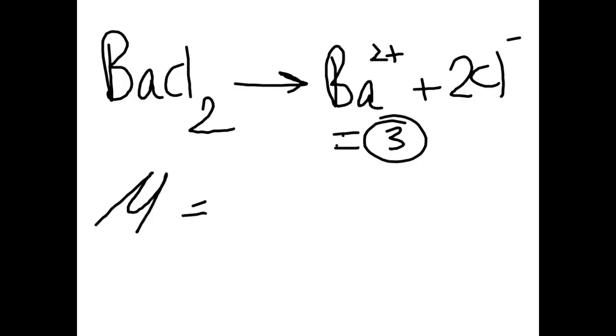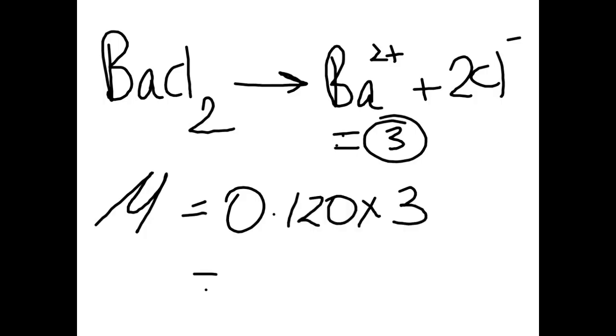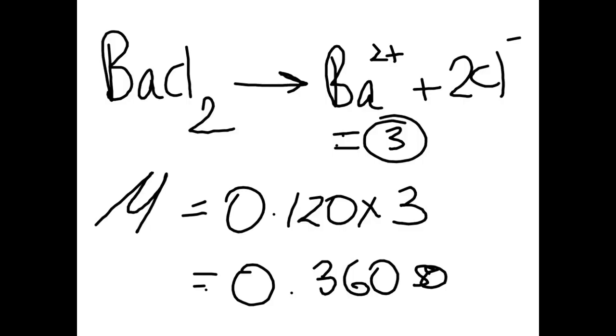So now our osmolarity is given by this funny looking italicized M. It is equal to the molarity, which was what in the problem? Point what? Times 3. Is that what you all did? Okay, and you get 0.360.